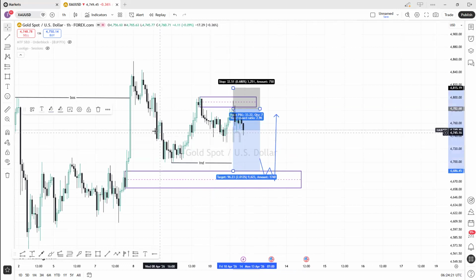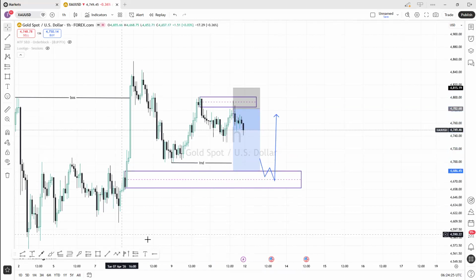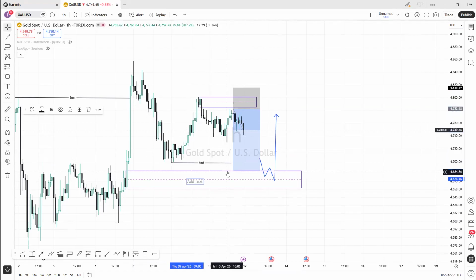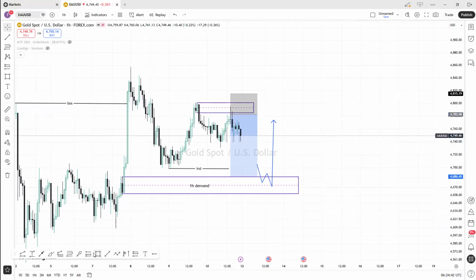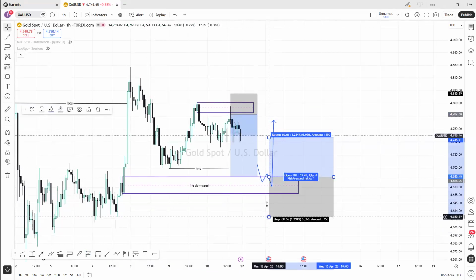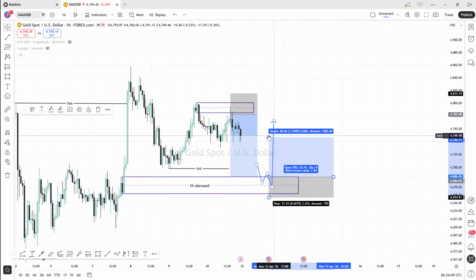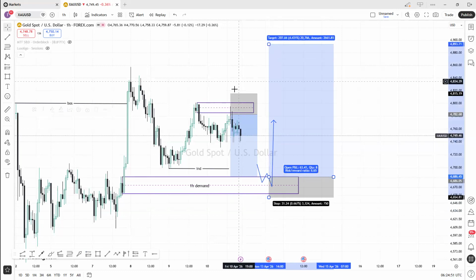So I think on Monday, price will drop until it mitigates this 1 hour demand zone. After mitigation, we'll find buys from that area.